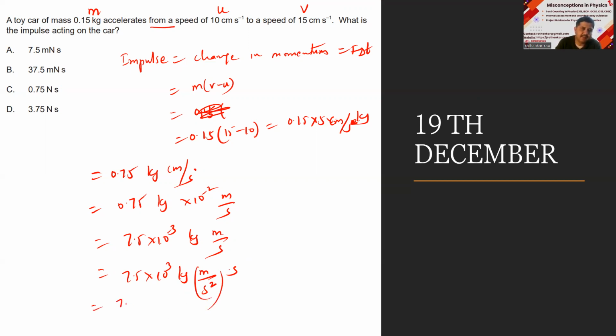So therefore, you get 7.5 into 10 power minus 3 Newton second, which is 7.5 millinewton second. So the answer is answer A. Most of you had written something else, so it is incorrect.